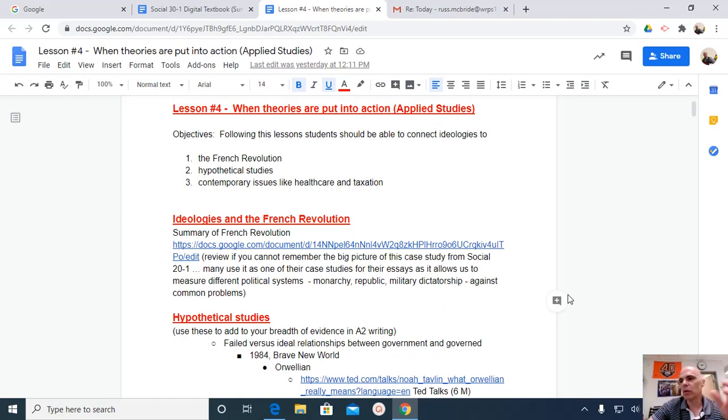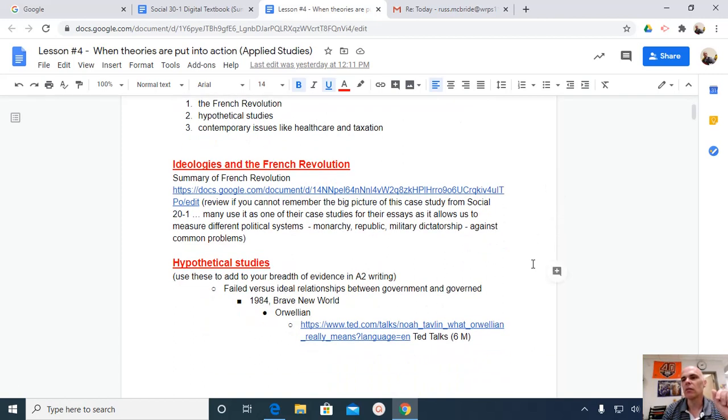In the French Revolution, we go from 1789 and a monarchy to a republic, and eventually to a military dictatorship under Napoleon. And against this backdrop, we can weigh and contrast the successes and failures of each of these political systems. So many people do see the French Revolution, although a social topic, as a very important and useful case study here.